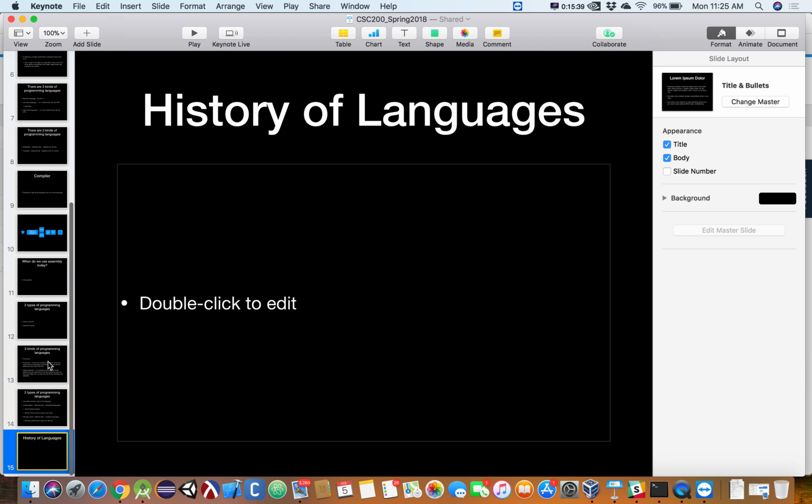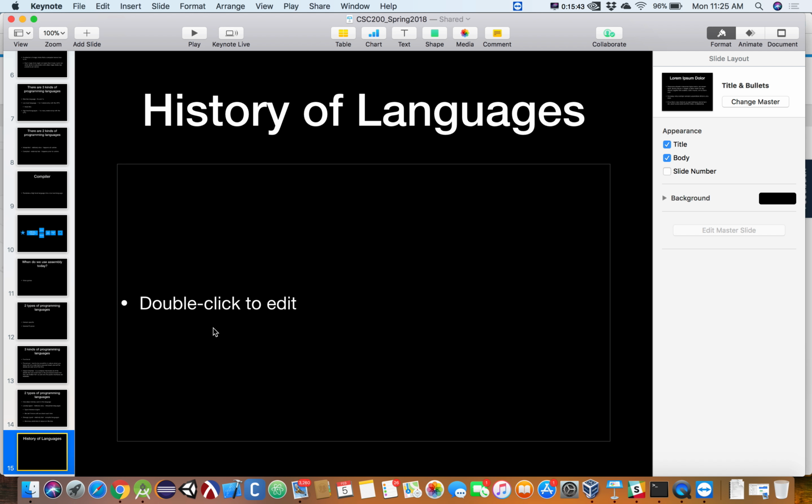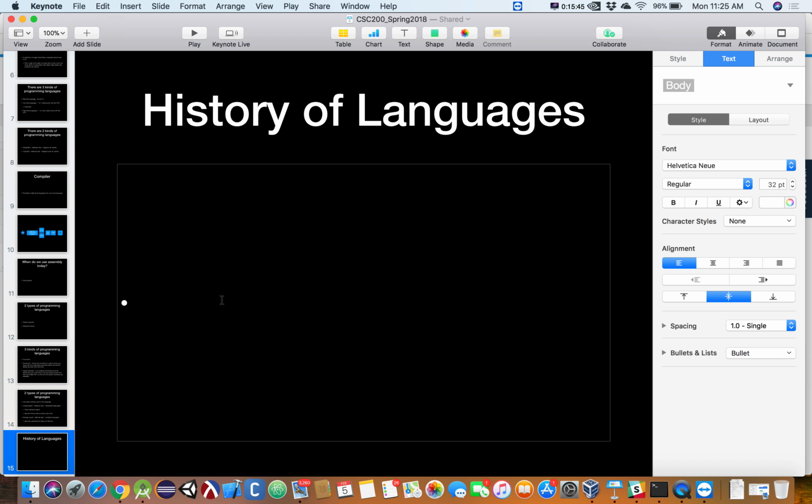All right, so at the high level, we started talking about the history of programming languages last time. What I like to do, and this isn't necessarily the first programming language, is base this chart off of a language called C. It's not the first programming language, but for our purposes as modern computer scientists, we're going to say it's the first language that matters, which may also be somewhat of a fictitious statement.